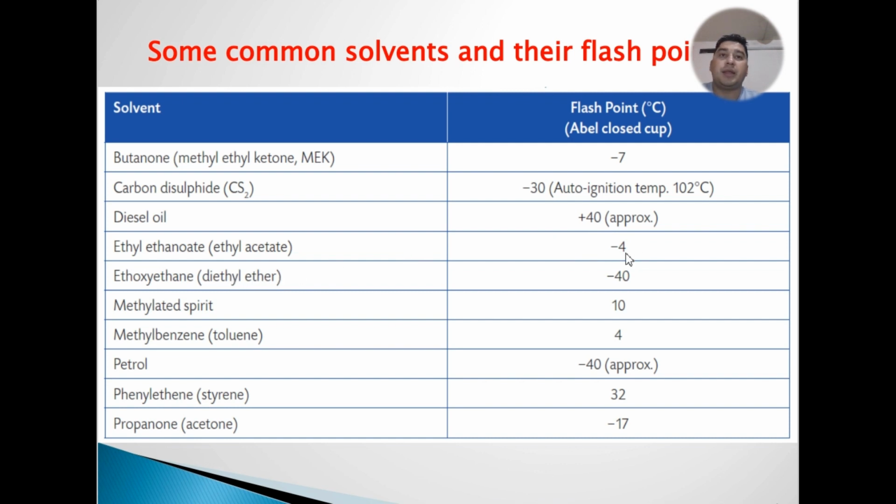Ethanol: -4 degrees. Ethoxyethane: -40 degrees Celsius. Methylated spirit: 10 degrees Celsius. Methylbenzene: 4 degrees Celsius. Petrol: -40 degrees Celsius. Phenylethene: 32 degrees Celsius. Propane: -17 degrees Celsius. So these are some solvents and their flash points.